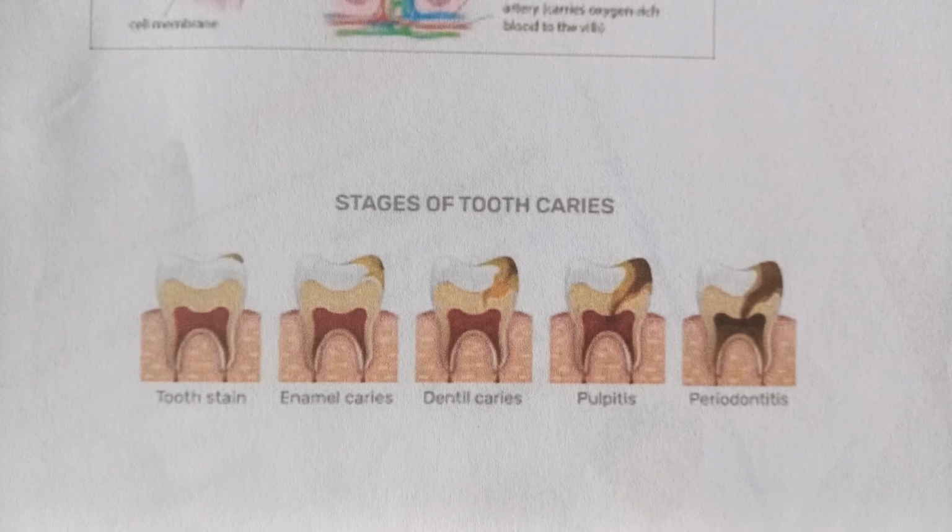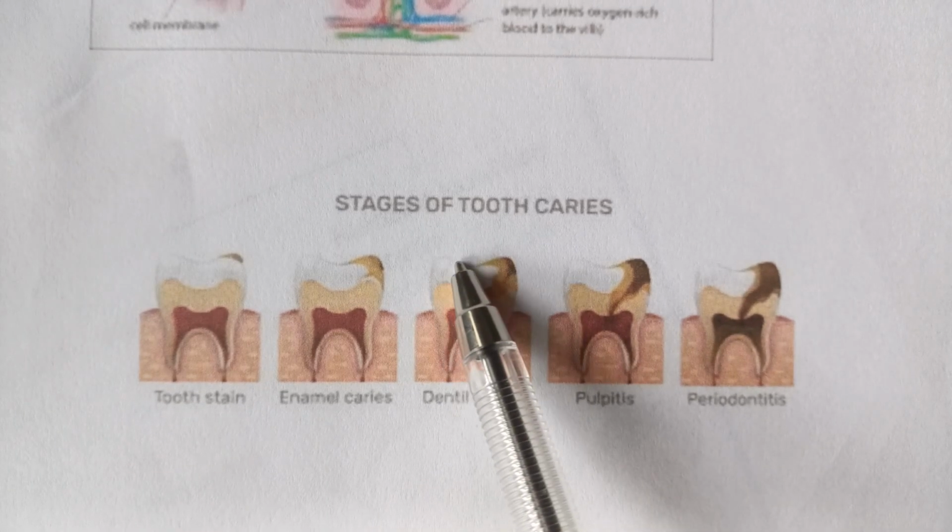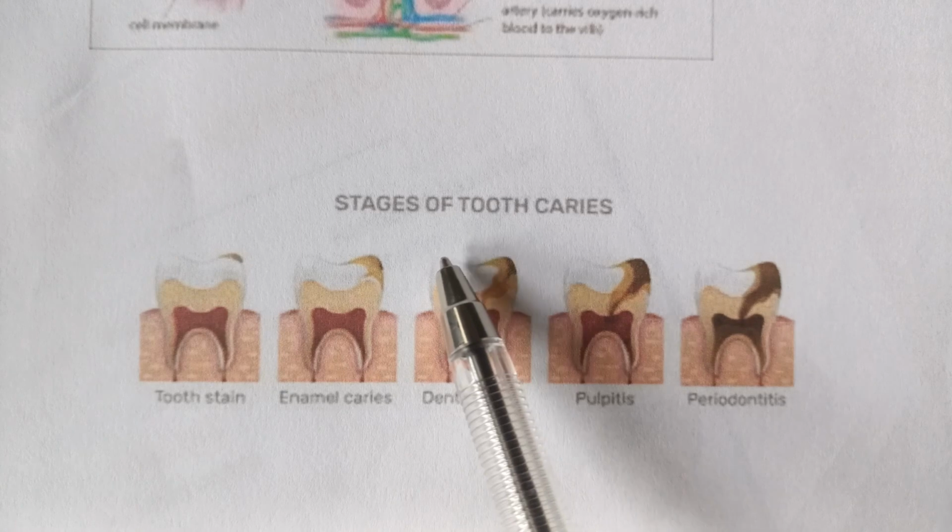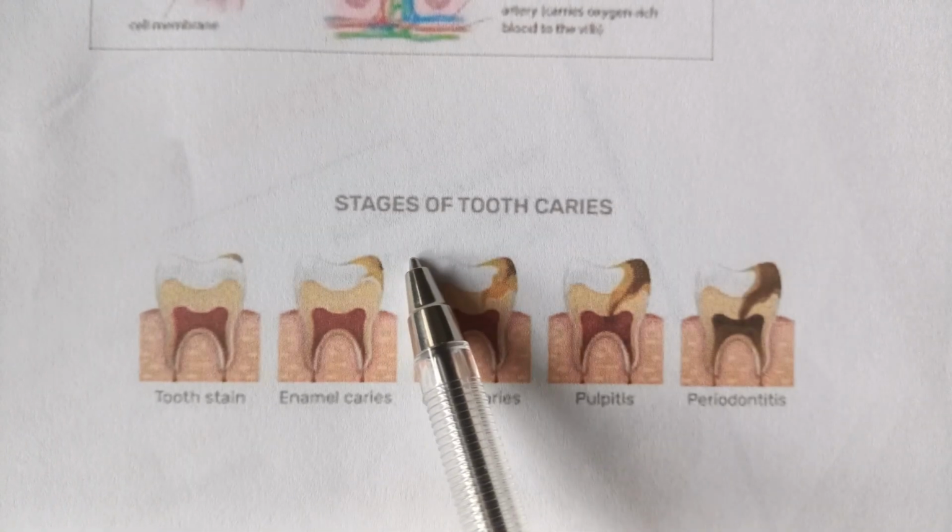It begins when bacteria acting on sugars produce acids. Acids soften or demineralize the enamel of the tooth. So the enamel of the tooth is softened or demineralized by acid. And who produces acid? Bacteria in the sugar.